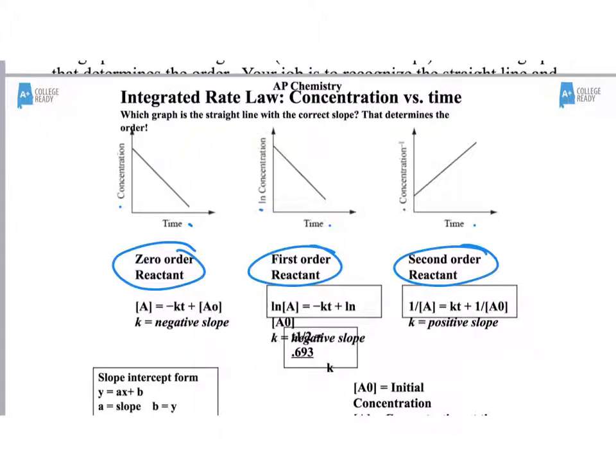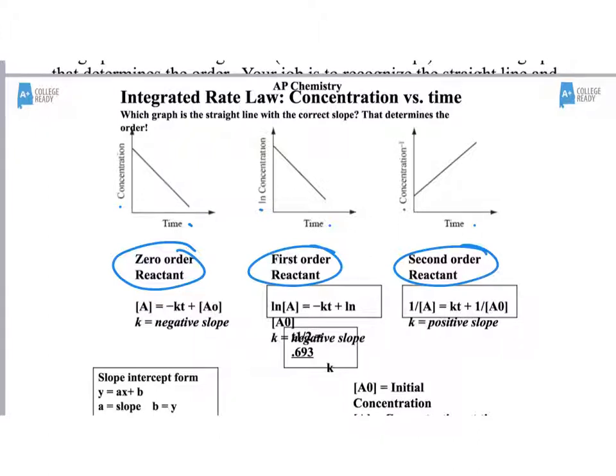All right. And then once you know which is the graph with the straight line and the correct slope, then you know the order. Once you have that, you know the equation for the line. And if you know the equation for the line, then you can use that equation to find any point along the line.